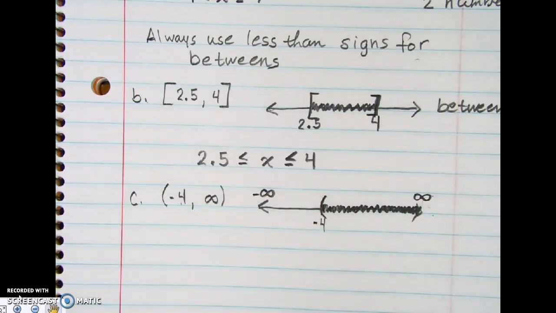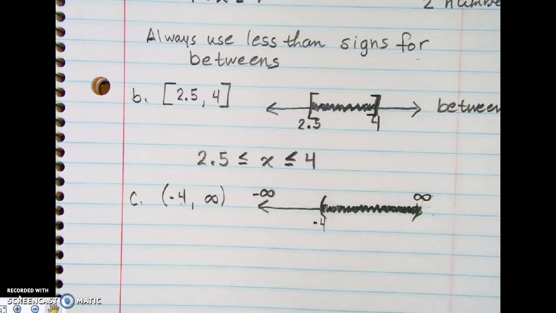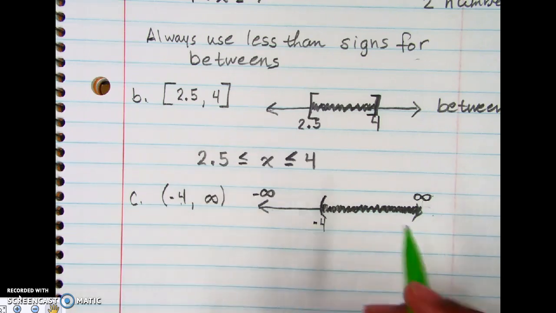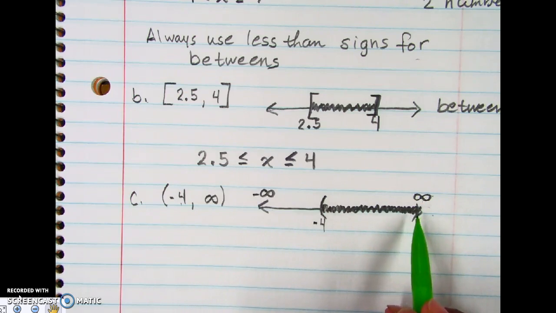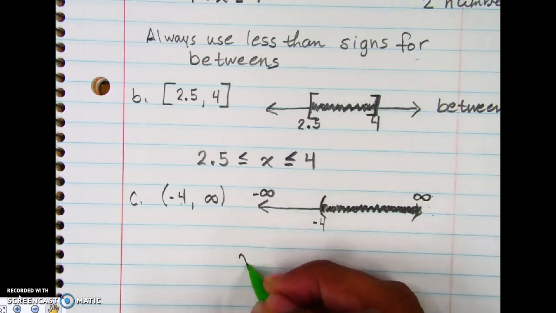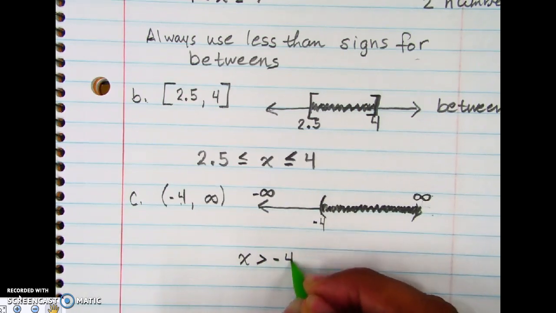And then now we have to figure out what the inequality is going to be. So we have to read this and see what's happening. So we have numbers from -4 and greater than -4. So that means our x values are going to be greater than -4 because all these are bigger than -4. So it means x is going to be greater than -4.